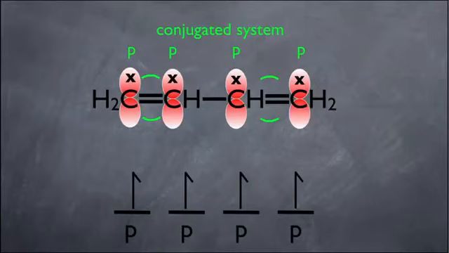So here's what I want you to think. A conjugated system, that system above, could just as easily be represented by that diagram below. That's the essence of every simple conjugated system: 4 p orbitals, each with an electron in each orbital.